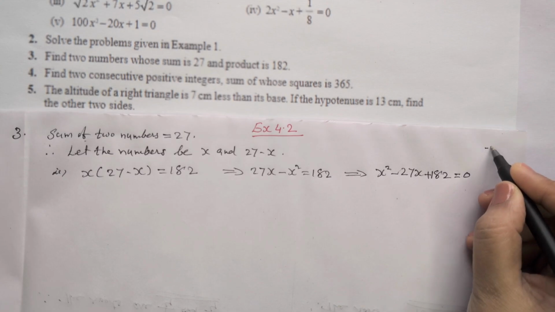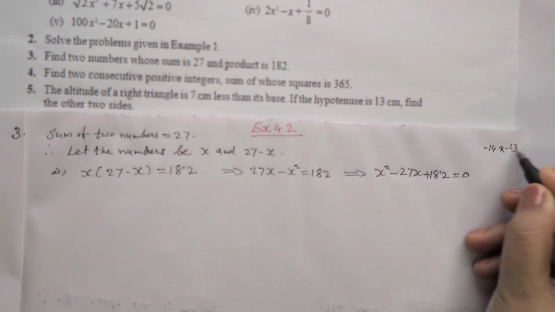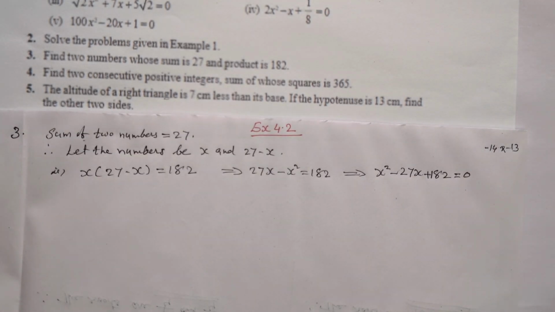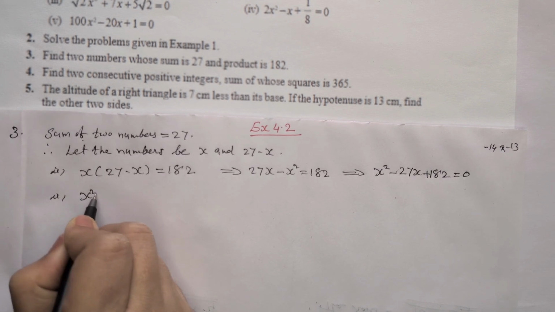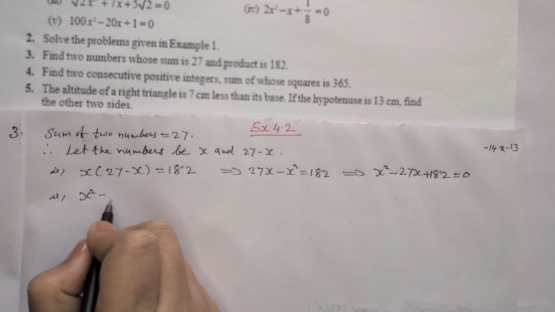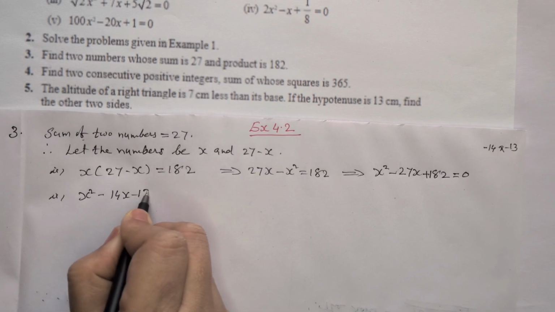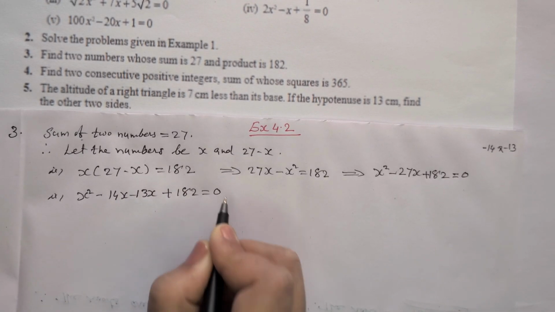The numbers are minus 14 and minus 13. The sum is minus 27, product is 182. So we can rewrite that as x square minus 14x minus 13x plus 182 is equal to 0.